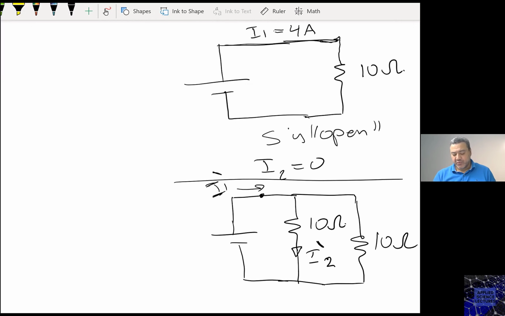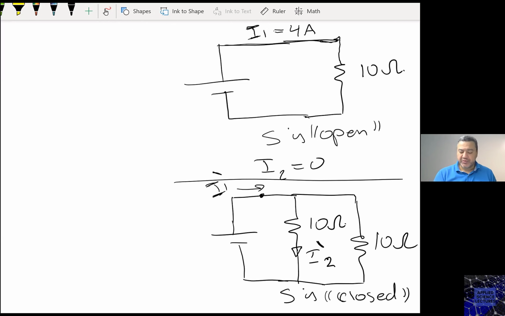So let's see what information we can extract when the switch was open that does not change when I close the switch.